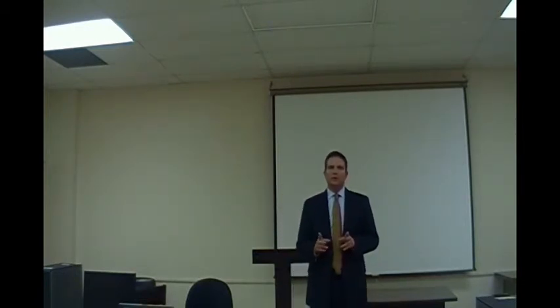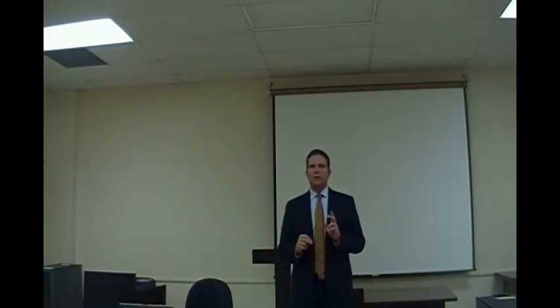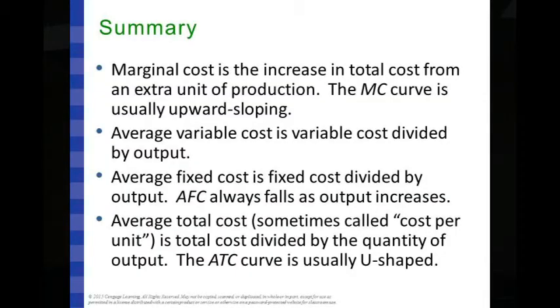From a firm's total cost, two related measures of cost are derived: average total cost, which is the total cost divided by the quantity of output, and marginal cost, which is the amount by which total cost rises if output increases by one unit. When analyzing the firm's behavior, it's often useful to use graphs of average total cost and marginal cost.